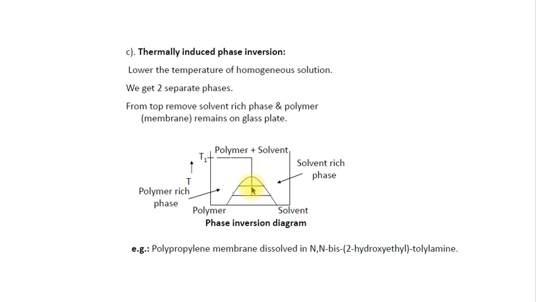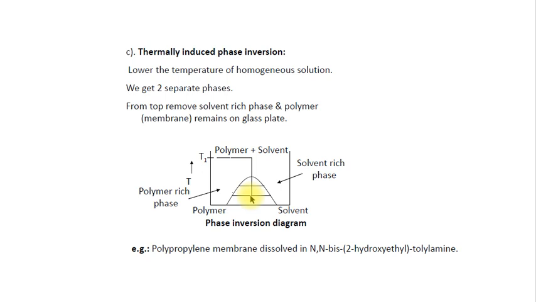Polypropylene membranes can be dissolved in a toluene-based solution and prepared using this process. This process is very useful, and you can easily control the size of the pores by changing the rate of temperature reduction. You can change the pore size of the membrane.